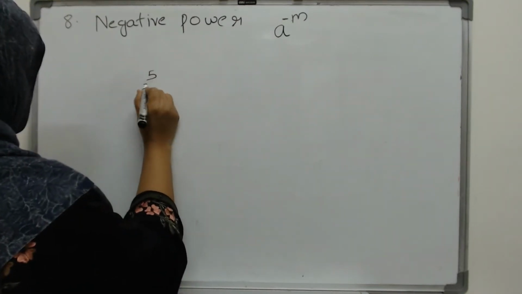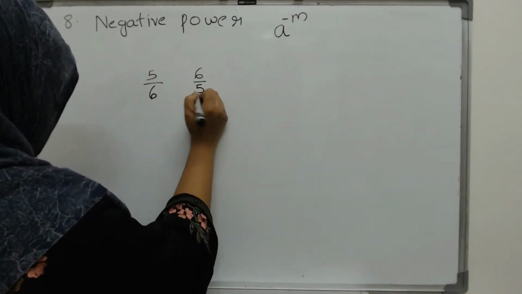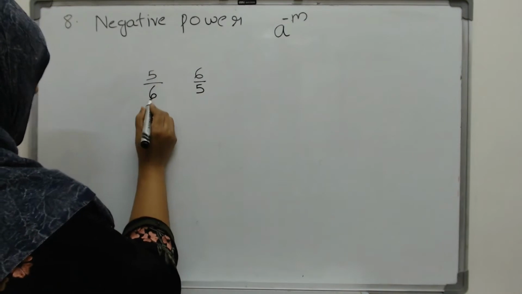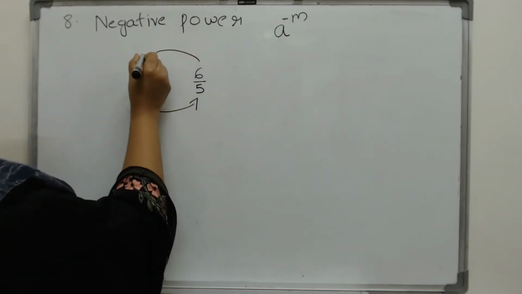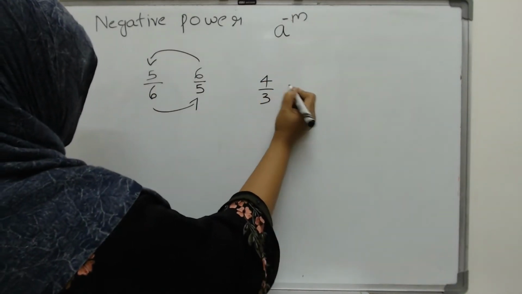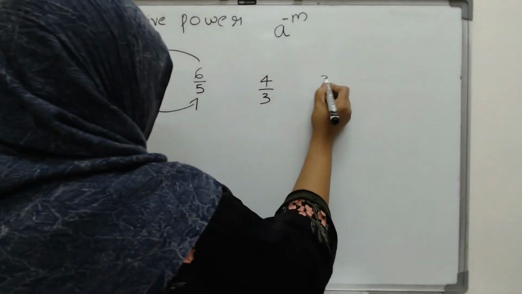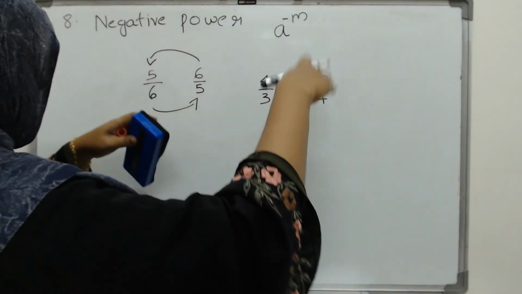What is the reciprocal of 5 by 6? It is 6 by 5, right? The reciprocal of 5 by 6 is 6 by 5, and the reciprocal of 6 by 5 is 5 by 6. Similarly, if you have 4 by 3, its reciprocal is 3 by 4, which means the numerator becomes the denominator and the denominator becomes the numerator.